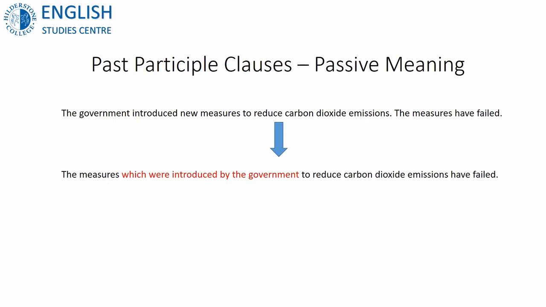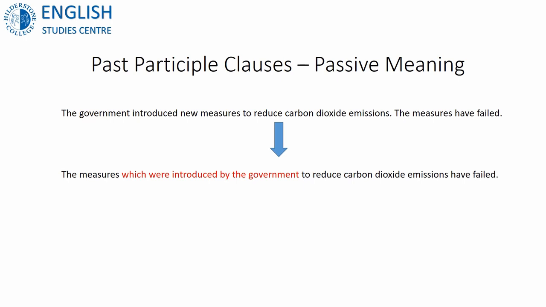And you can also see that we've changed the verb from introduced in the first sentence to were introduced. And of course, the reason for that is that instead of using the government as the subject, like in the first sentence, we want to make the measures the subject because we want to say, ultimately, the measures have failed.